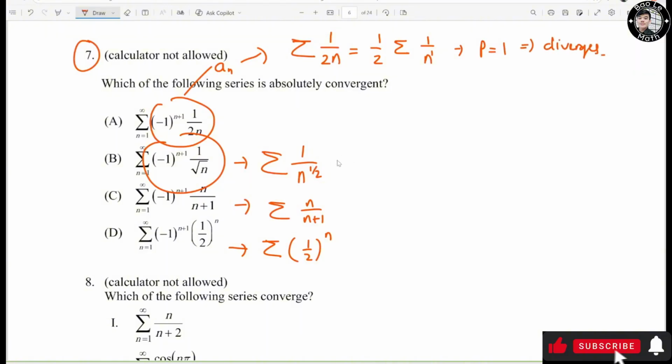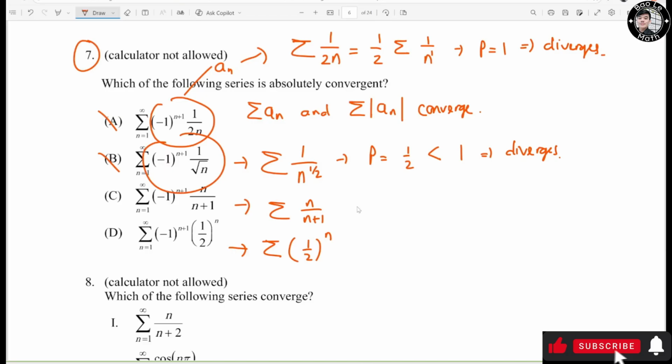Now the second one right here, p equals 1/2, less than 1. So the series diverges. So we need to eliminate A and B, because we need both the series a sub n and the series of absolute value of a sub n to converge.